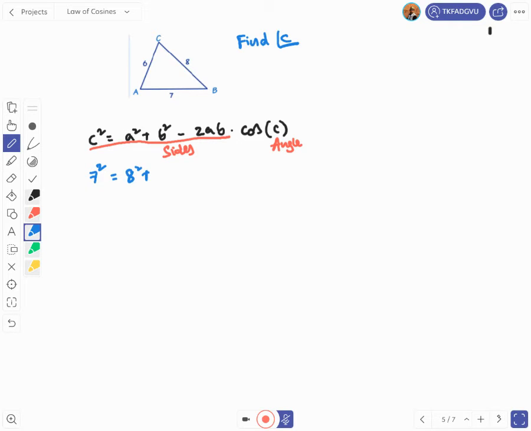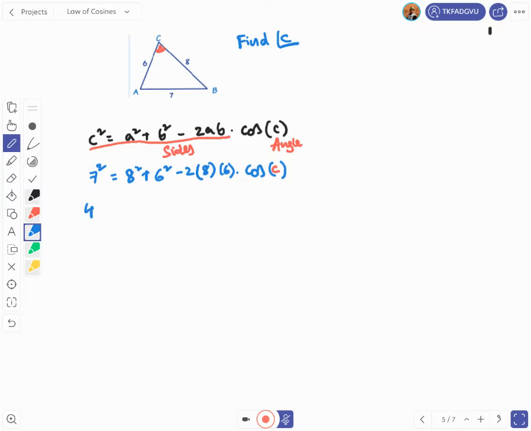B square is the side opposite to angle B, which is 6 square, minus 2 times 8 times 6 times cos, and this time angle C is missing. So let me take it as cos C.